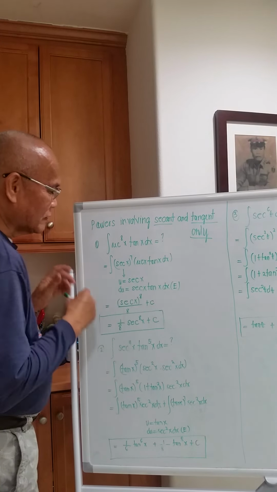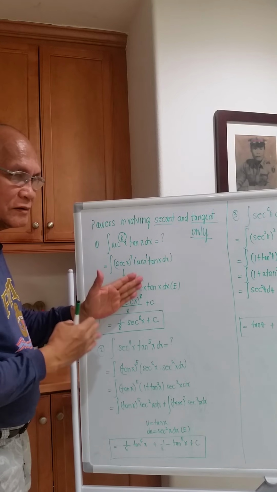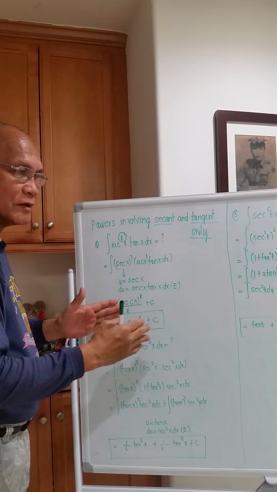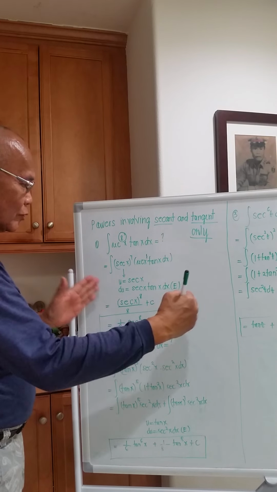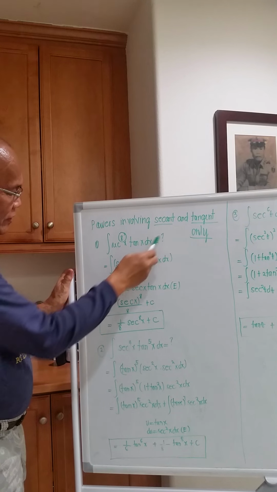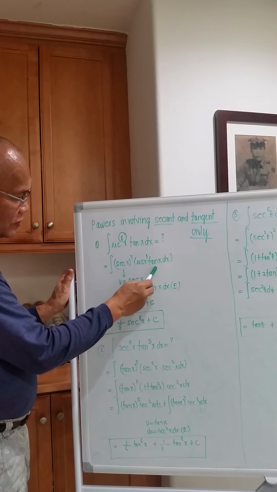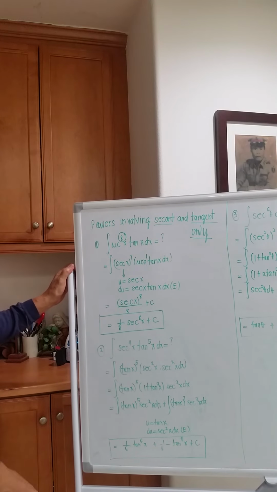Secant to the 7 plus 1 is 8. We just segregate it. We change how it was written. Meaning, secant to the 8 tangent of x dx is secant to the 7, secant to the first tangent of x dx.